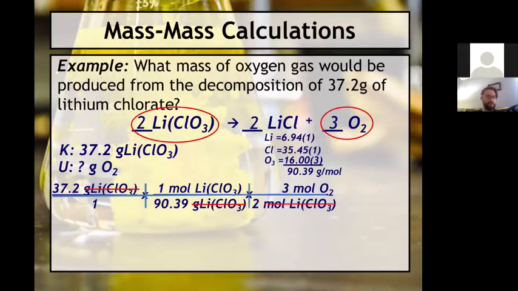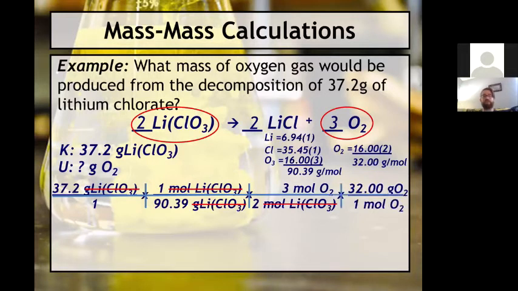Then my moles of lithium chlorate are gone. I'm not dealing with lithium chloride anymore. I'm in oxygen. But I don't want moles of oxygen, I want grams of oxygen. And oxygen is 32 grams per mole. So my last fraction is going to have 32 grams on the top this time because I want the moles to cancel out eventually.